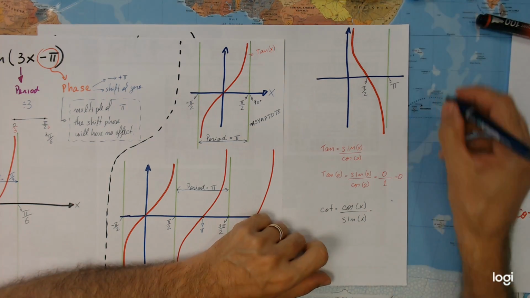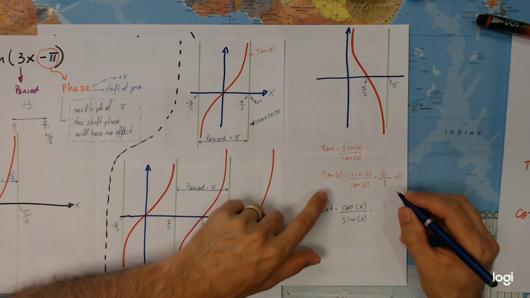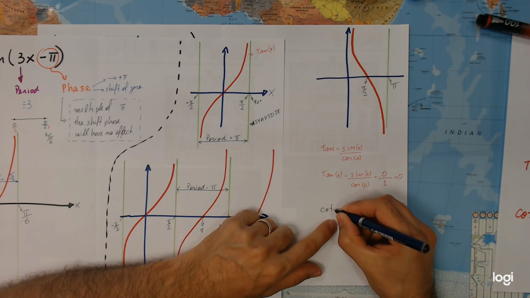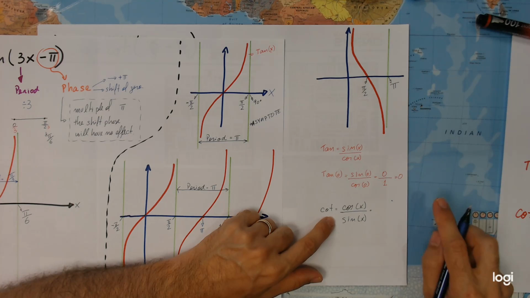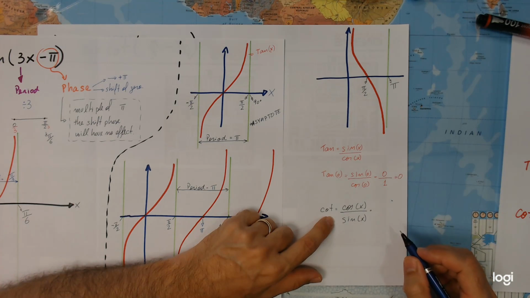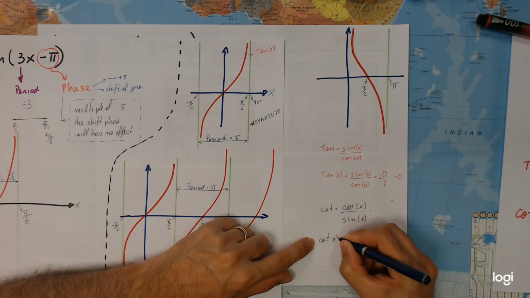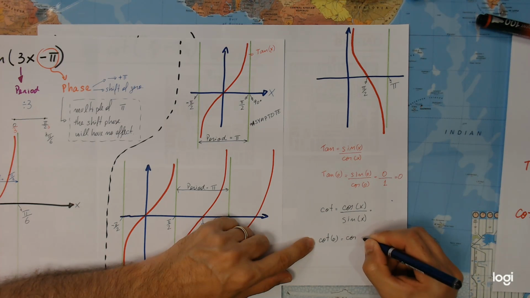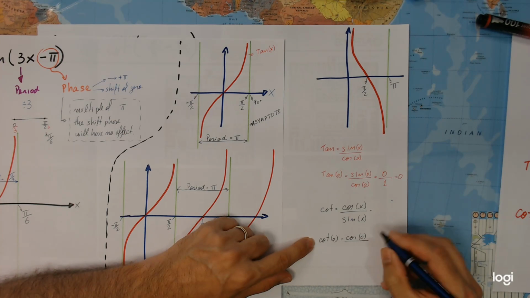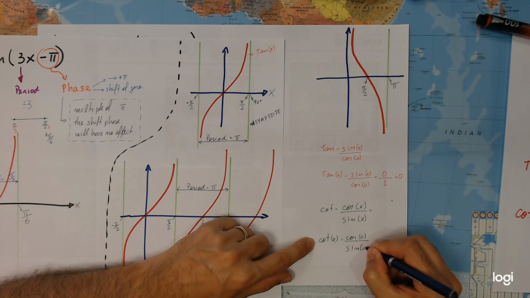What is going on here now? What is the cotangent of 0? The cotangent of 0 is going to be the cosine of 0 divided by the sine of 0.